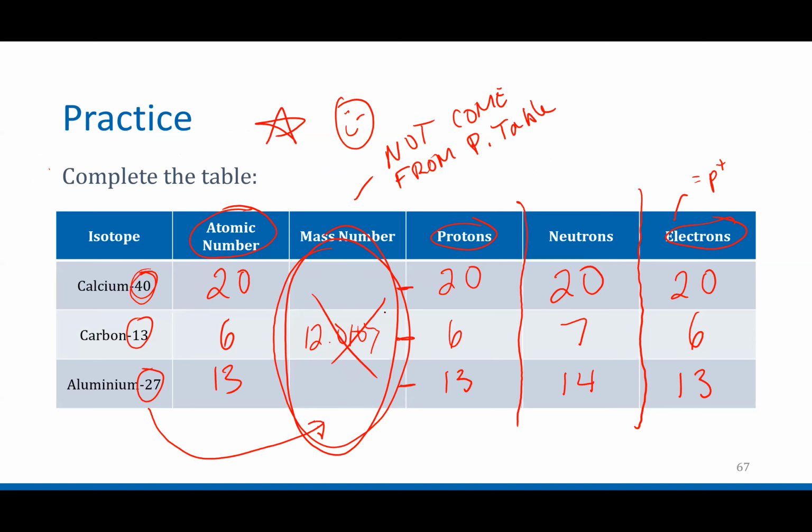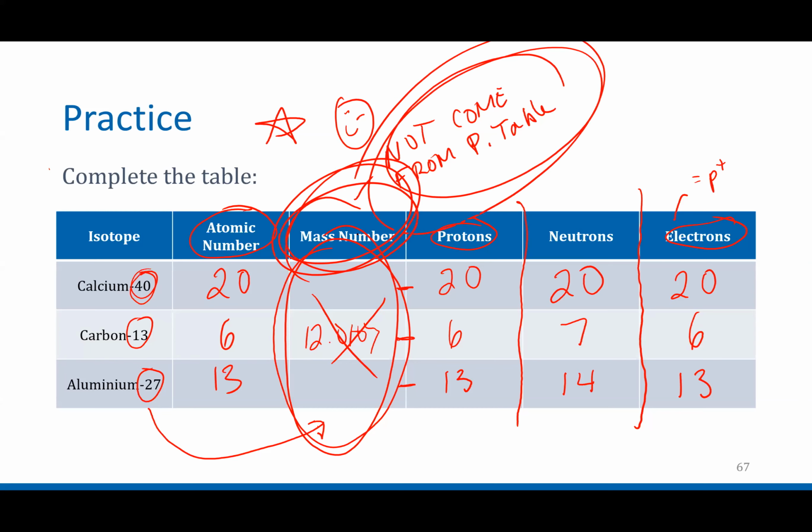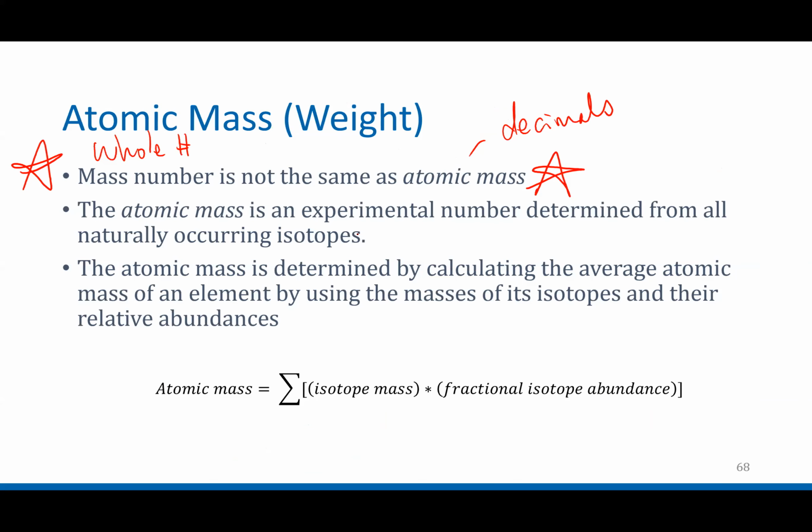Every year, somebody does it. And I always challenge my students, if I can, before I retire, get one class to get this right, it would be a dream. Mass number is not from your periodic table. I cannot stress that enough. The atomic mass is from your periodic table, and it will have decimals in it, okay?